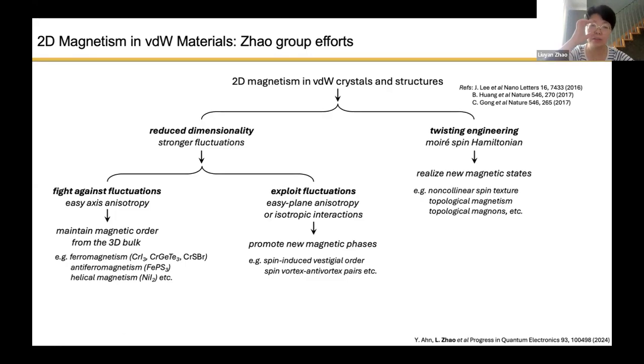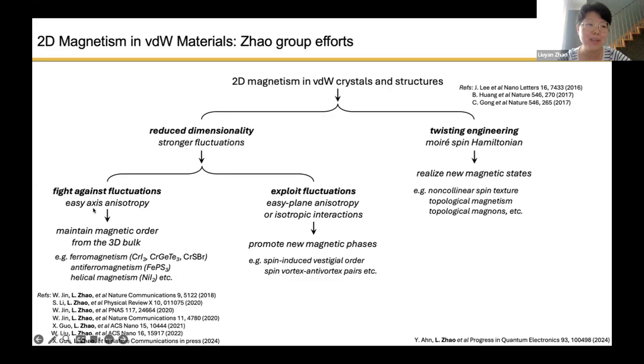So my group at the University of Michigan is trying to study all these three aspects of 2D magnetism. Like many groups, we also focused a lot on fighting against the fluctuations to stabilize the magnetic orders. Our effort has been focused on both chromium triiodide and chromium sulfide bromide.